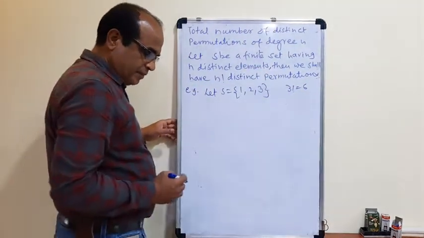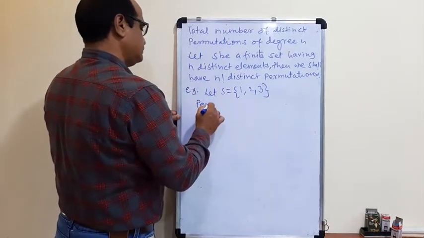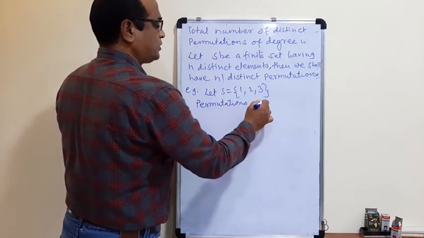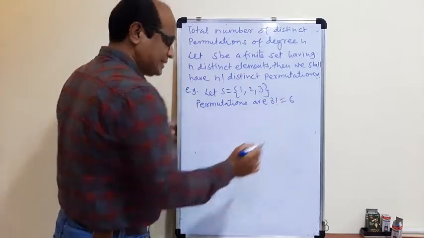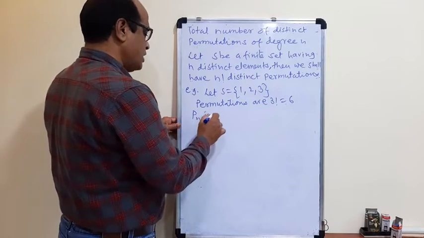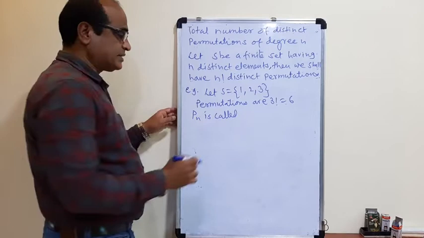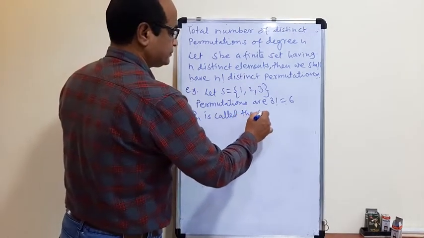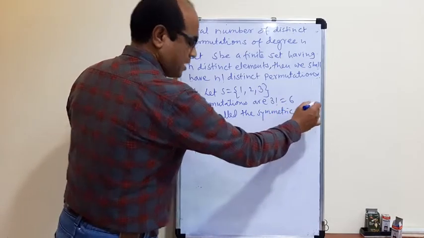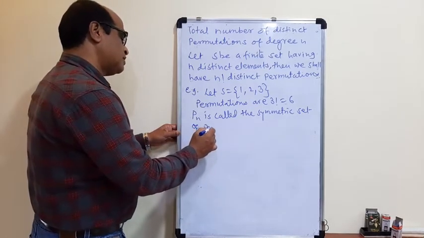So the number of permutations is 3 factorial, that is 6 here. So P_n, what is P_n? It is called the symmetric set, the set of all permutations of degree n.